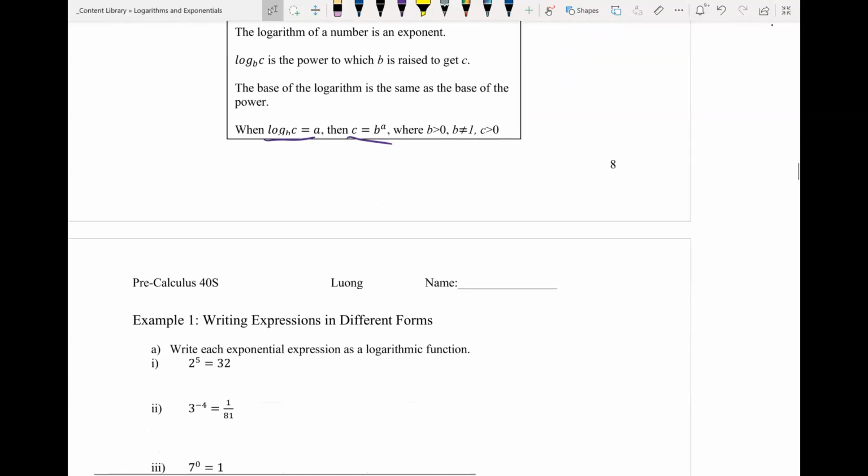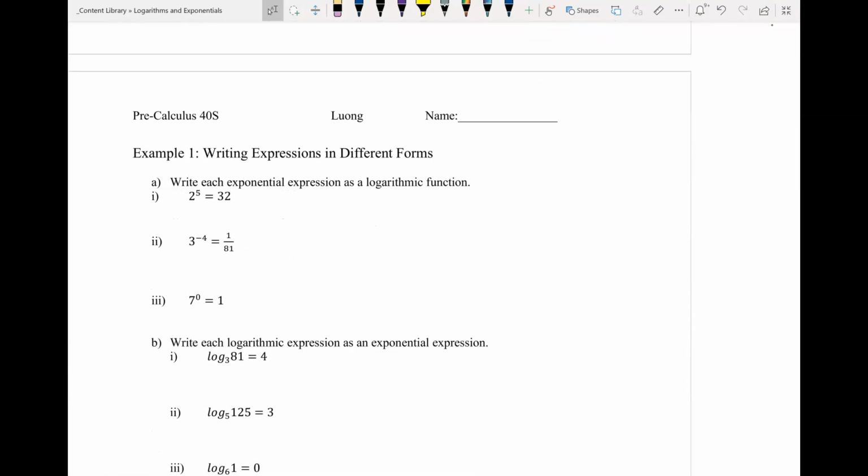Now we're going to apply this in actual examples. We want to write each exponential expression as a logarithmic function. I'm going to write a rule here that you can use on the side. The format of the logarithm is as follows: log base, the answer, is equal to the exponent.